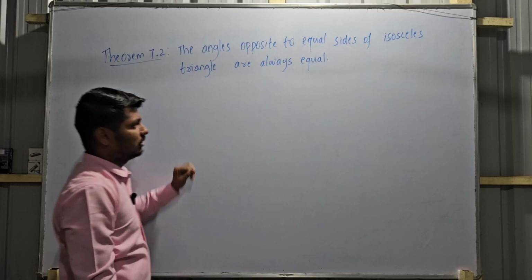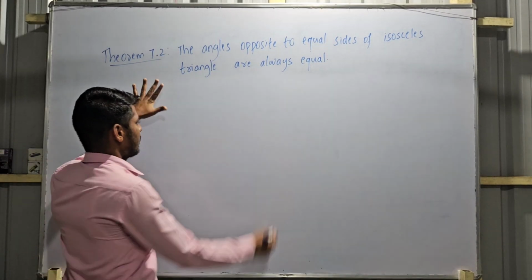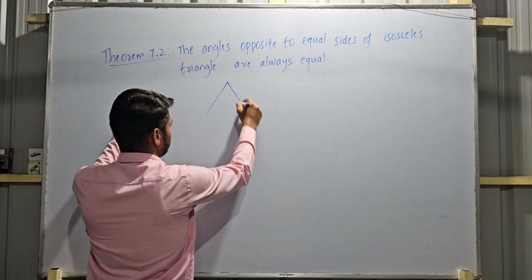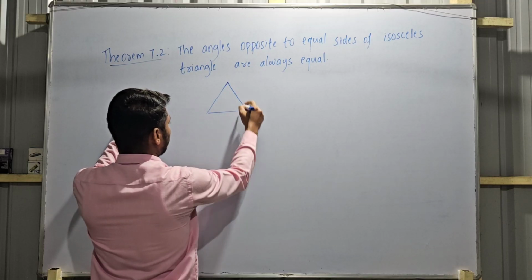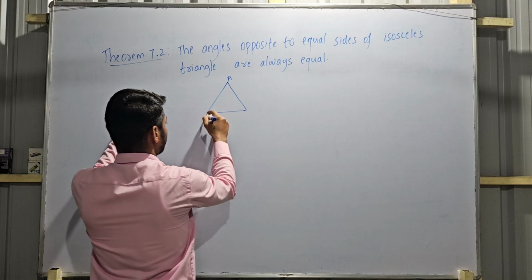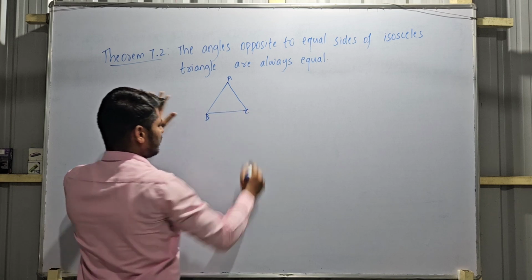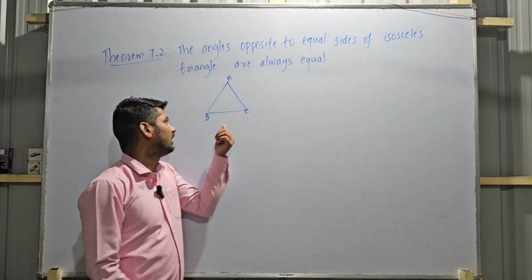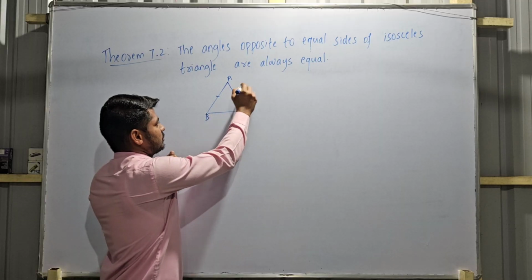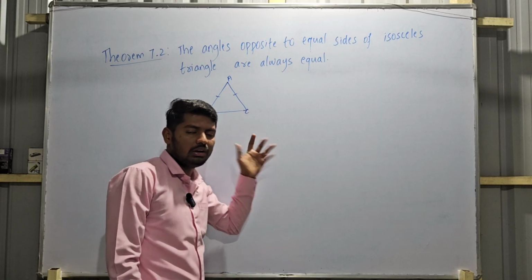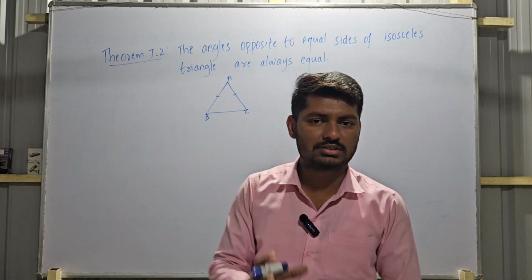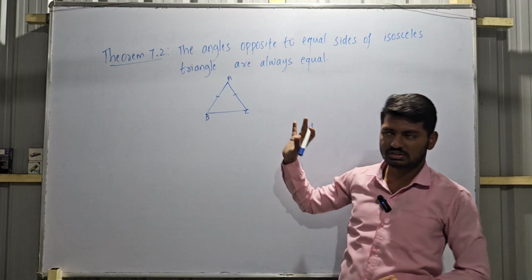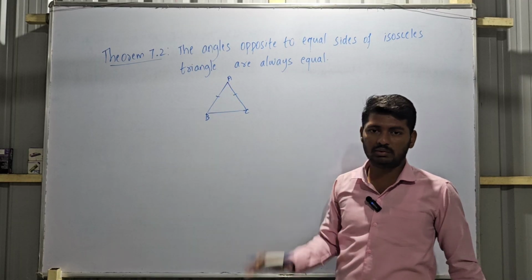What does the statement mean? Suppose there is an isosceles triangle ABC in which AB is equal to AC. Given an isosceles triangle, as you know already, two sides of the triangle will be equal.